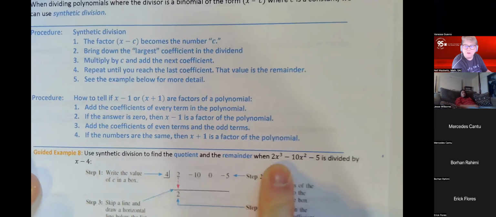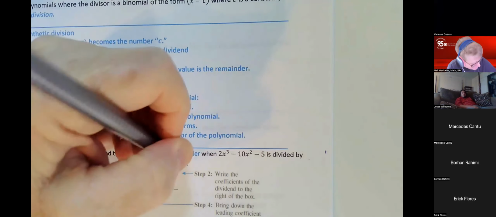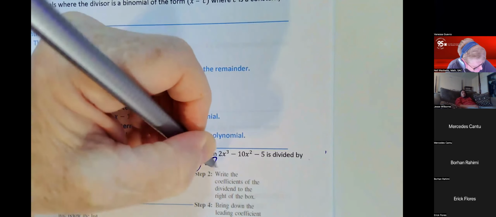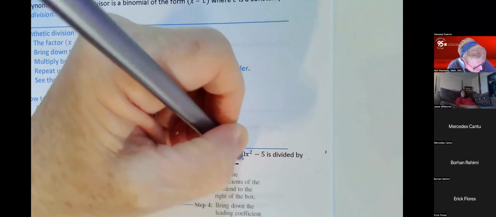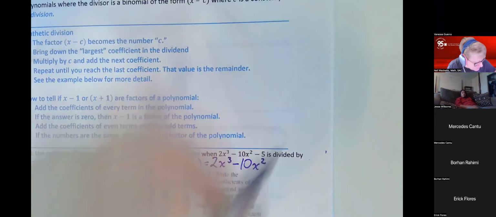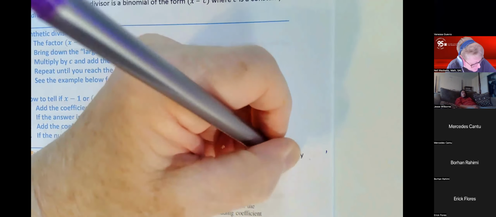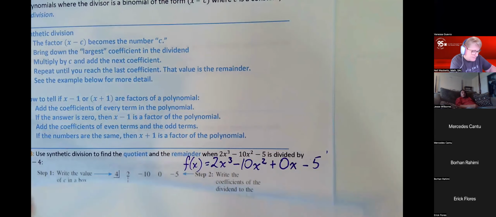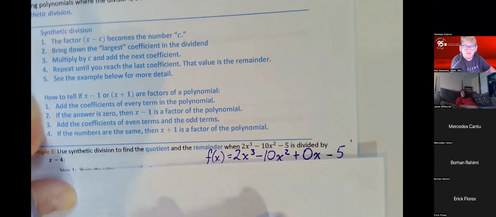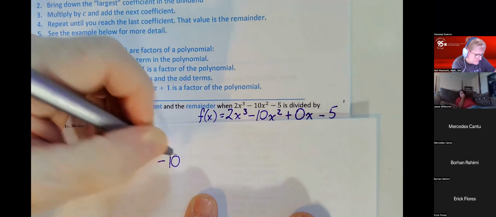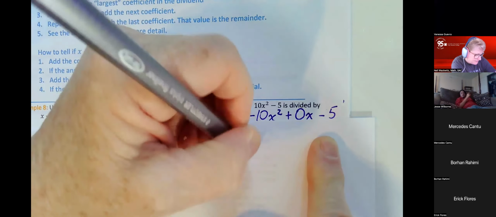So we're going to take the original polynomial. Here, f of x, the dividend, is 2x cubed minus 10x squared. Oh, there's no x term. I have to write plus 0x minus 5. And I'm going to write down just the coefficients, just the numbers in front: 2, negative 10, 0, negative 5.